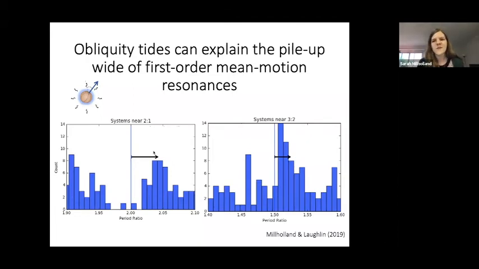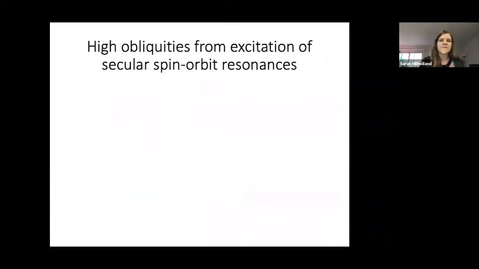However, this solution requires that these planets frequently have non-negligible axial tilts. So what is there to suggest that they actually might have that? It's not that we just think that these planets can have high obliquities, but that we actually fully expect them to, due to a dynamical effect called a secular spin-orbit resonance.